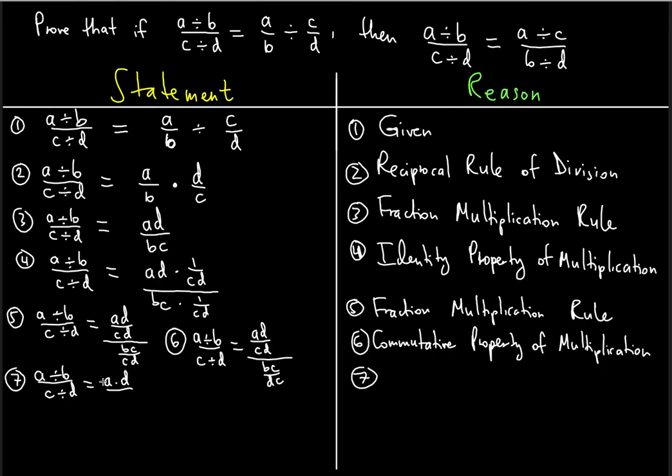So I'm going to write A times D divided by C times D. And that will be divided by B times C over D times C. Okay, and the reason for that is, again, the fraction multiplication rule. Right, we're just using that in reverse, but it's basically the same rule.